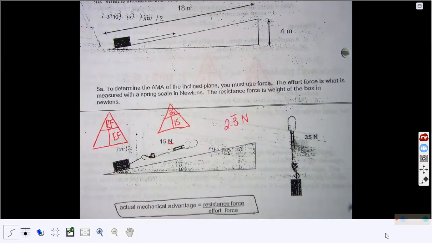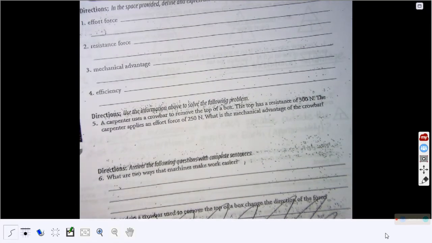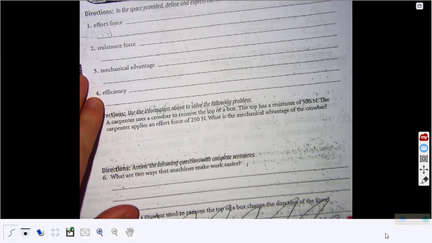All right, so what I want you to do is flip over to the back of this page, and what you'll notice is that they give you just some random questions here about effort force, resistance force, mechanical advantage, and efficiency.